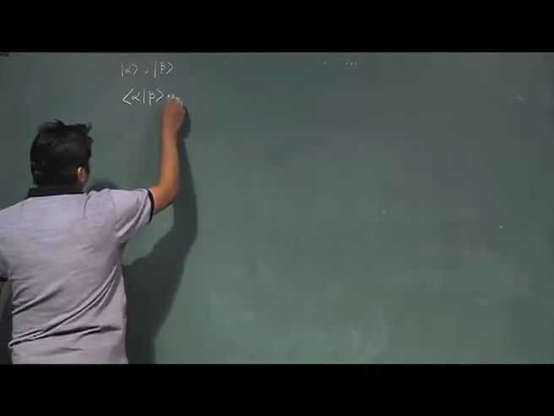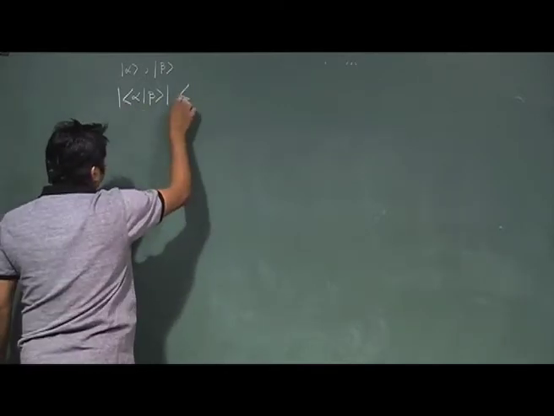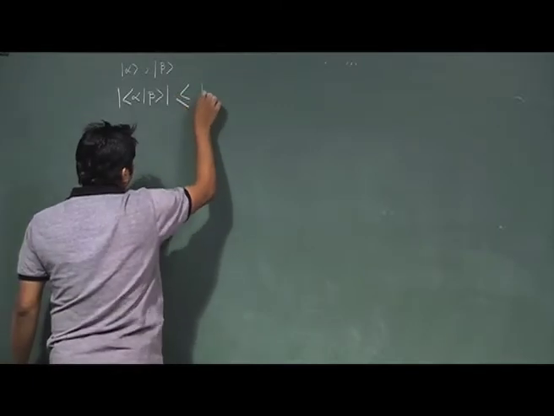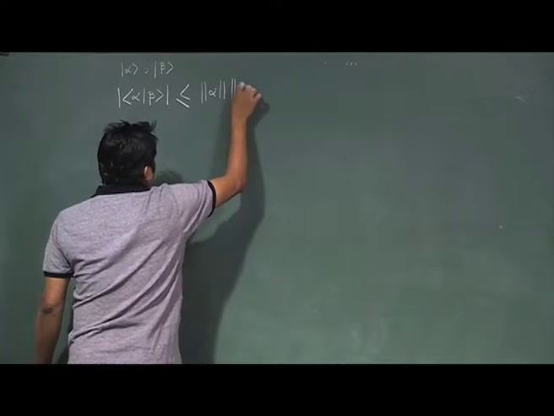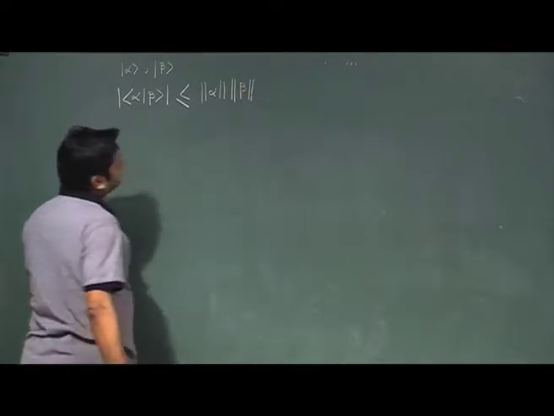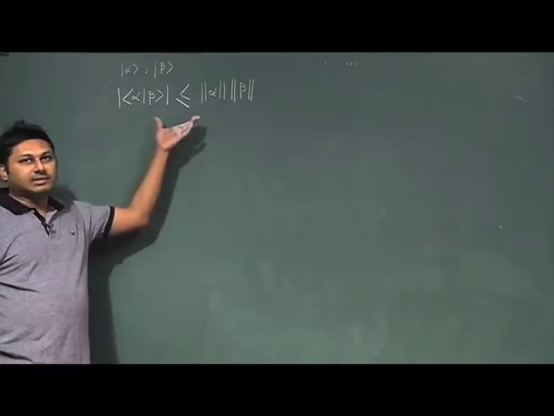Now, the mod of this scalar value is always less than or equal to the product of the individual norms.